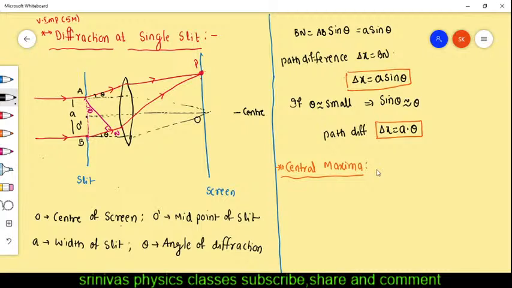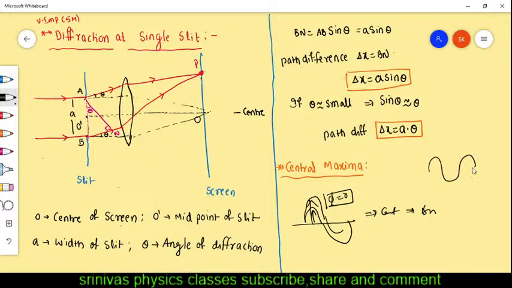If crest falls on the crest and trough falls on the trough, the phase difference will be zero. Then this is constructive superposition, and you will get the bright band. If the crest of one wave falls on the trough of another wave, here one is zero and the other is 180, so the phase difference is pi, 180 degrees.